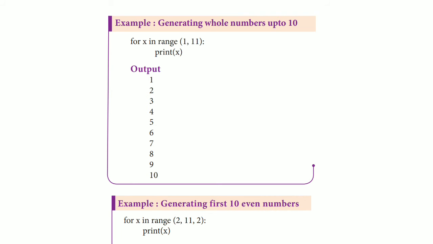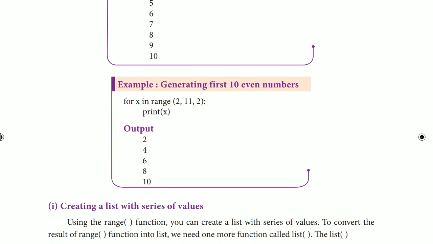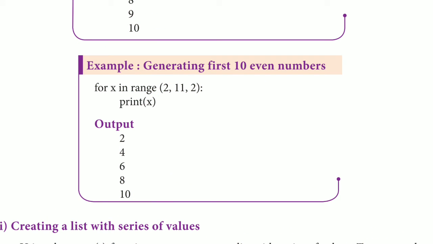Next is generating the first 10 even numbers. Here you can see for x in range, where for is a looping statement, and in range 2 to 11, the starting value is 2 and the ending value is 11. So 11 minus 1, which is 10 here, and the step value is 2.